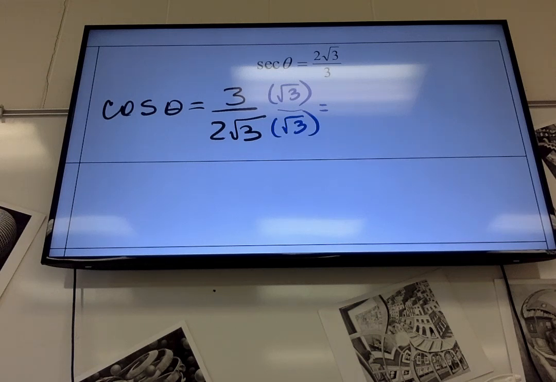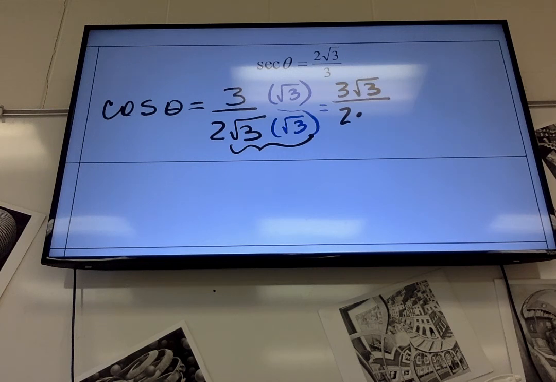So we're on page 585. Multiply by the square root of 3 on top and bottom. That becomes 3 times the square root of 3 on top. On bottom, I get 2 times the square root of 3 times the square root of 3, which is the square root of 9, which is 3.